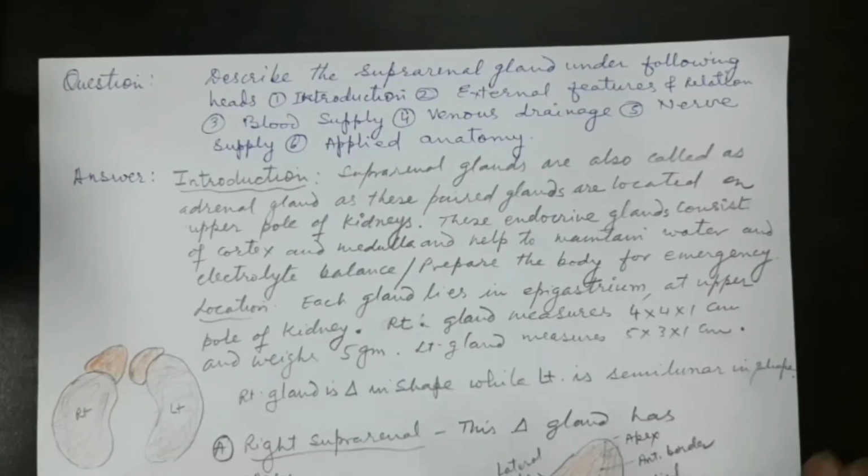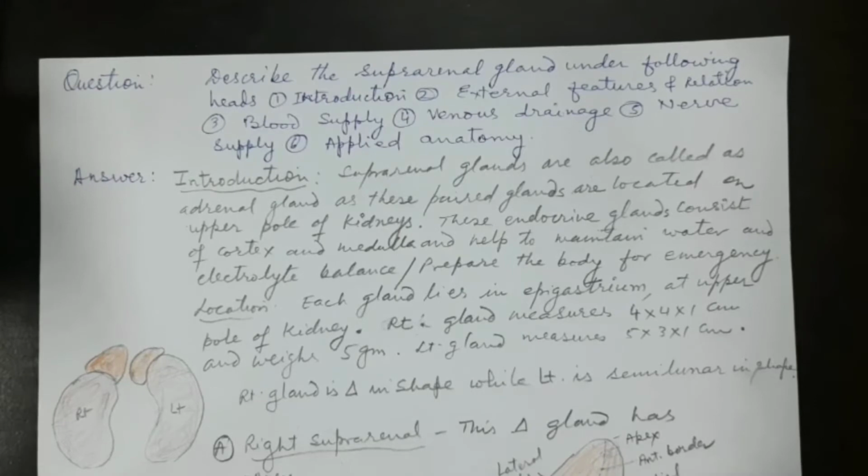Now this cortex and medulla of the suprarenal gland, though these are endocrine glands, will secrete different kinds of hormones. That means the hormones secreted by the cortex are mostly steroid hormones. These steroid hormones help in maintaining the water and electrolyte balance.